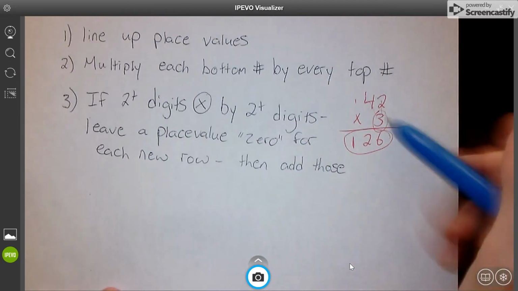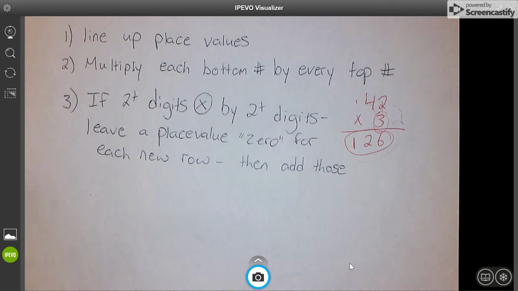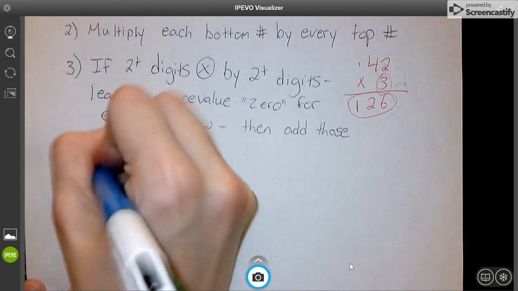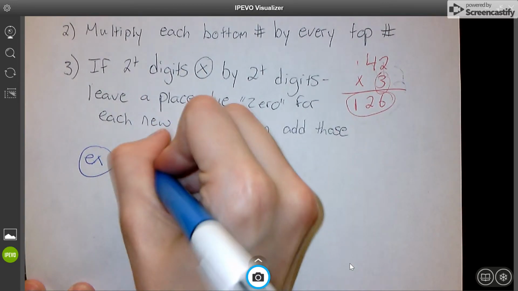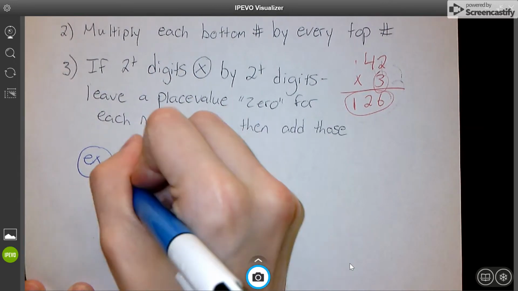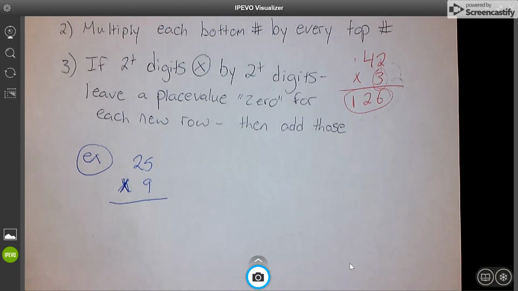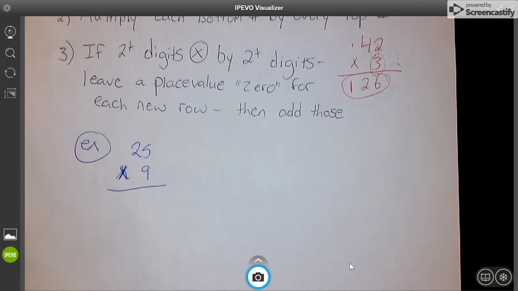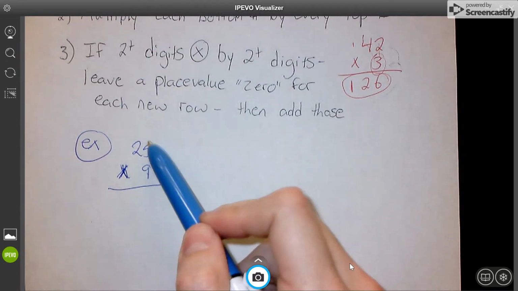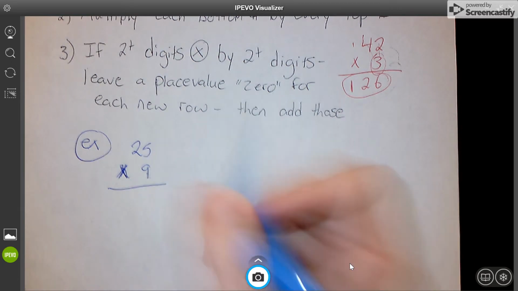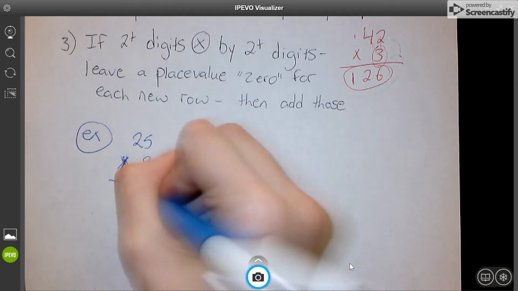Okay, let's practice. I know we did one, but we'll do kind of one of each type here. So first let's do 25 by 9. Ooh, that was a disaster of a times table there. Okay, 25 by 9. So my 9 has to get multiplied by the 5, and it must get multiplied by the 2. So 9 times 5 is 45.